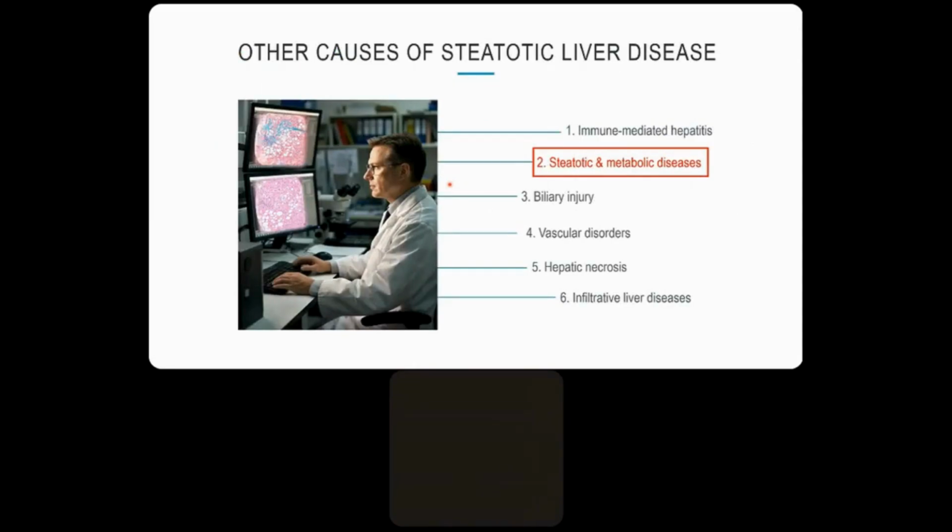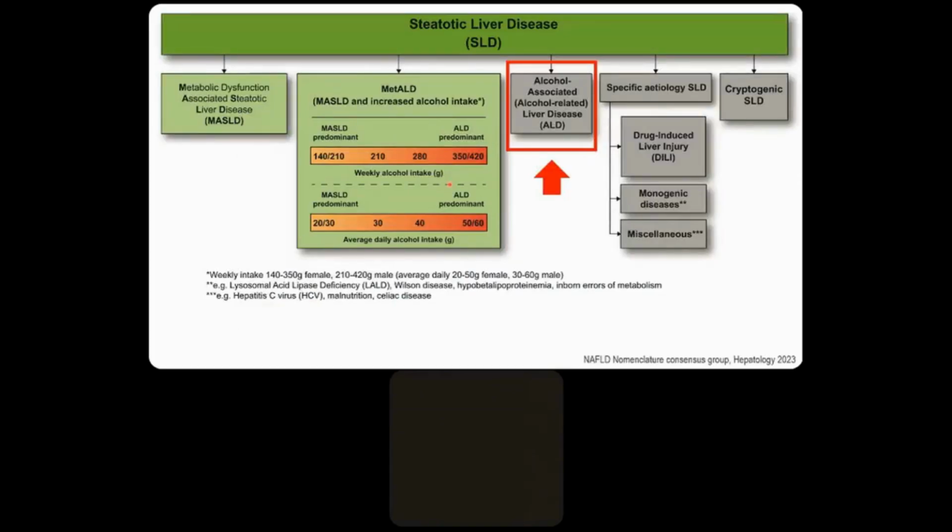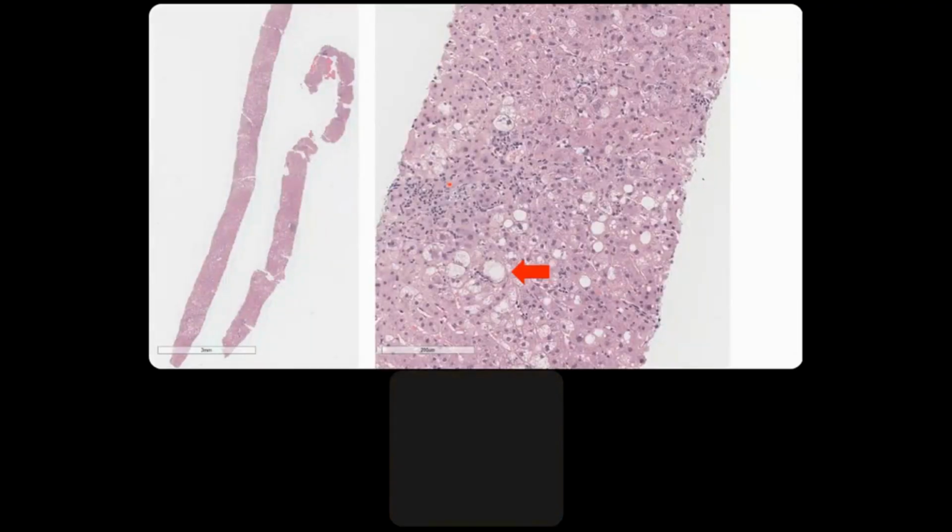So moving on to other causes of steatohepatitis. As mentioned previously, alcohol is another common culprit of steatohepatitis. Here is an example of a liver biopsy in a patient with known alcohol use disorder. So you can see again the steatosis with these balloon hepatocytes, lobular inflammation, Mallory bodies.